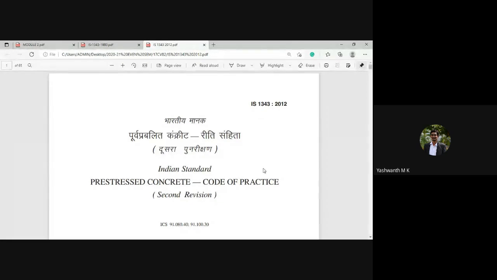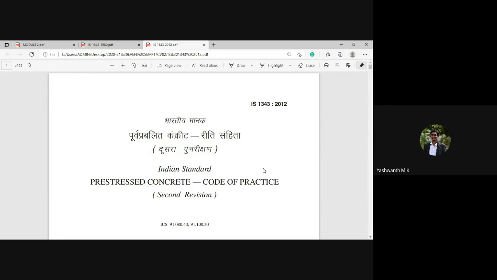In the last session, we discussed the loss of pre-stress. In that, we defined the meaning of loss of pre-stress and the various types of loss of pre-stress that will come in the PSC beam based upon the tensioning system.